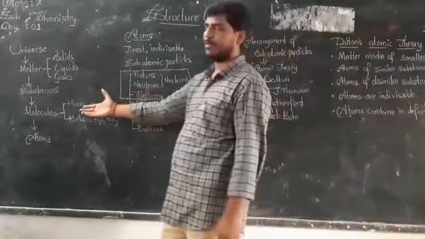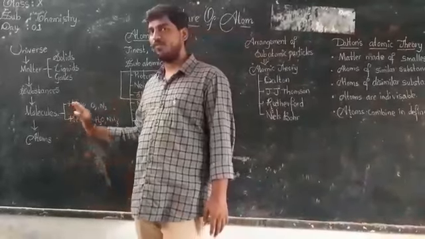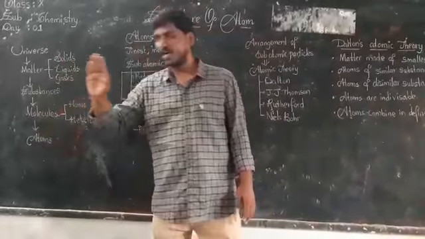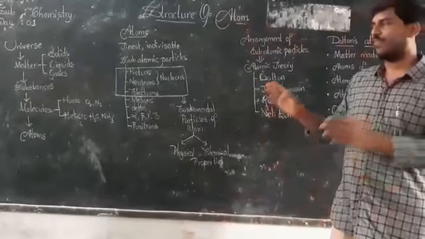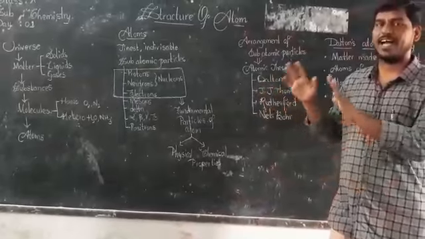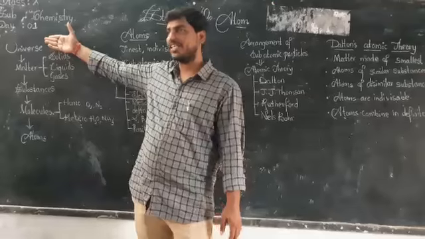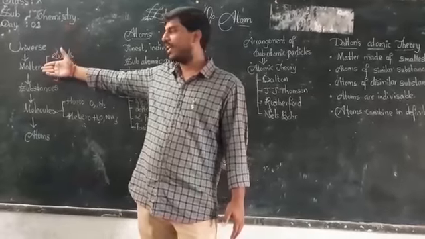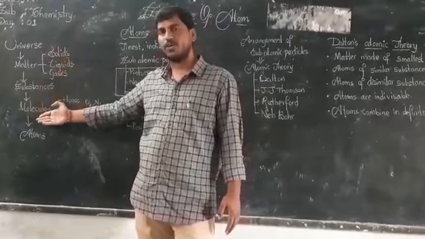Whether it is a homomolecule or a heteromolecule, when it is divided, you get atoms. And I cannot divide this atom further. When I divided the universe, I got matter. When I divided matter, I got substances. When I divided substances, I got molecules.